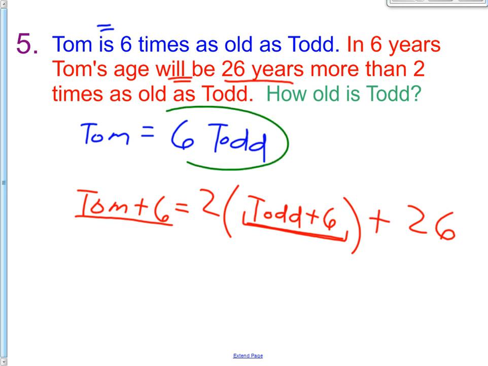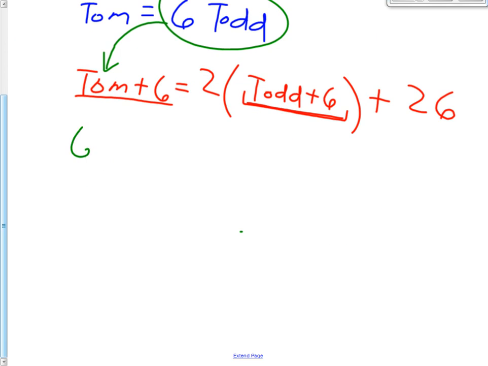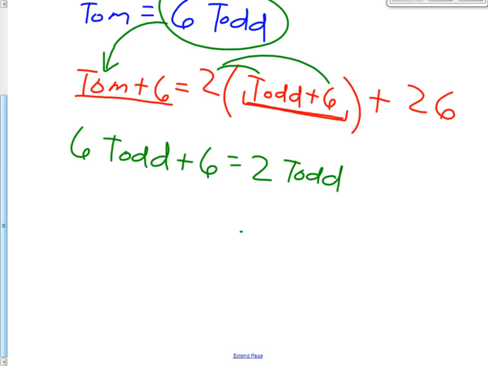If Tom equals 6 Todd, then this Tom equals 6 Todd. So let's solve. 6 Todd plus 6 equals, distributing, 2 Todd plus 12 plus 26. Combine like terms, subtract 2 Todd.